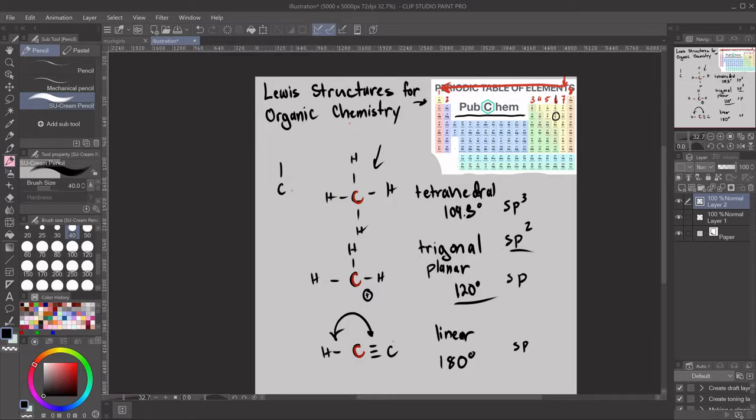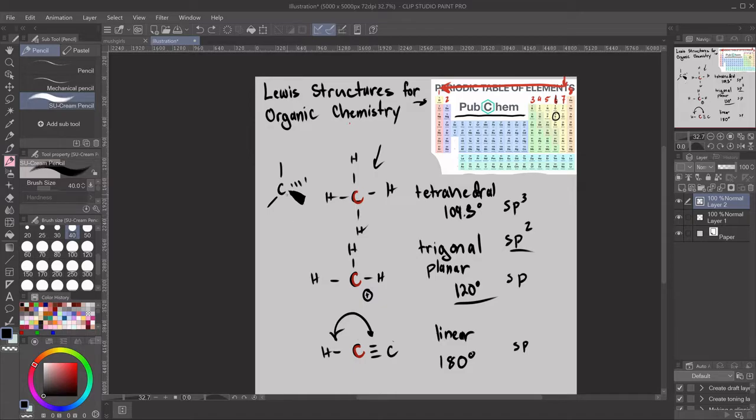And the reason for this is because as much as organic chemists like to draw, sometimes drawing things in 3 dimensions can be really, really hard. So what we'll do is represent our 3-dimensionality using 2-dimensional structures.